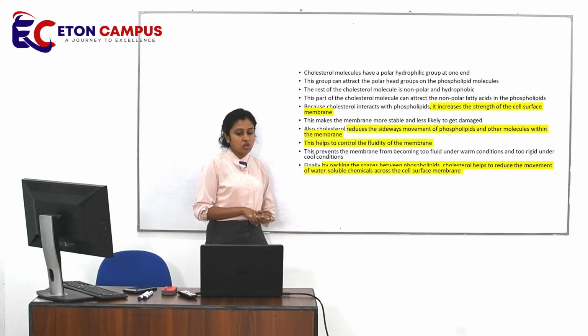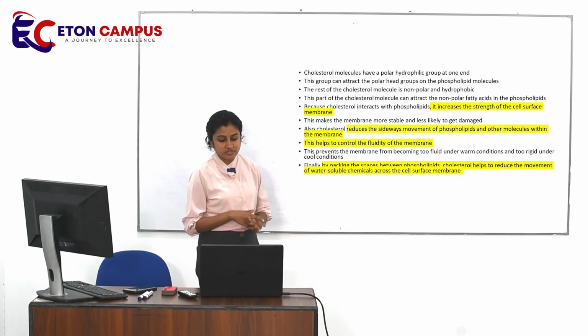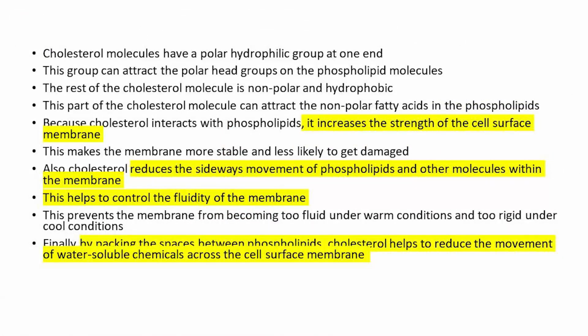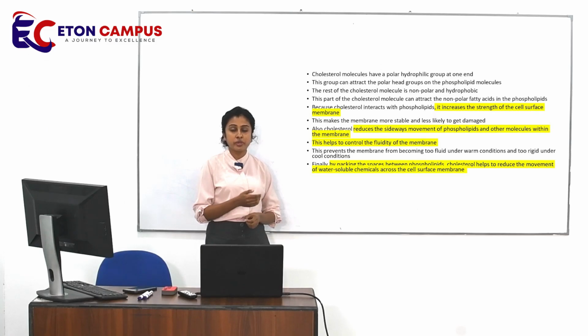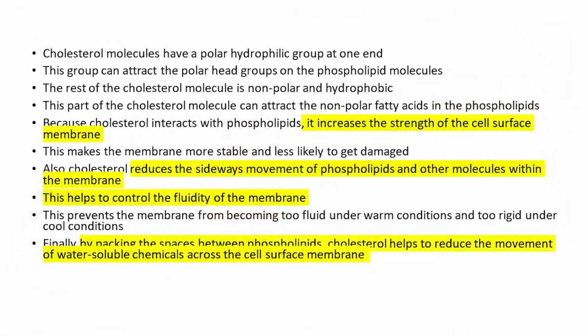As I told you, cholesterol is engaged in regulating the fluidity of the cell membrane, and it also gives strength to the cell membrane, because the hydrophilic part of this cholesterol molecule is going to interact with the hydrophilic part of the phospholipids. The hydrophobic part of the cholesterol molecule is going to interact with the hydrophobic part of the phospholipids.